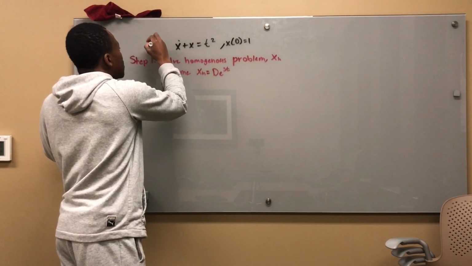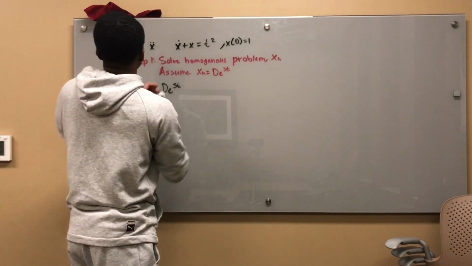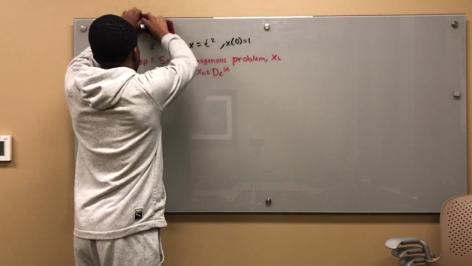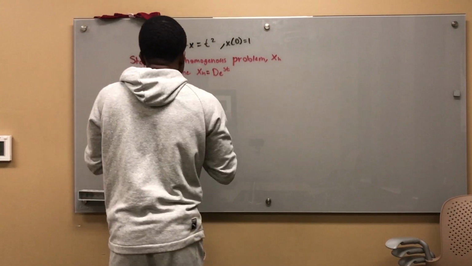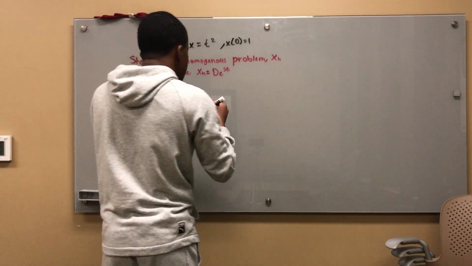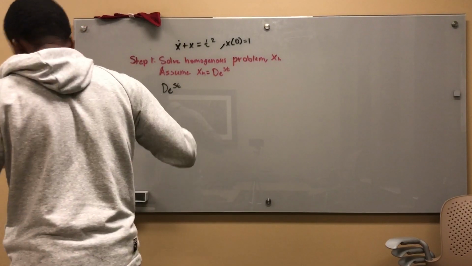Likewise, if I had an x double dot here, this would be s squared. So once you see these dots, just know that that's the power that the s is going to. So we end up getting d e to the st. Basically, the homogeneous solution, we solve as if this were equal to 0.